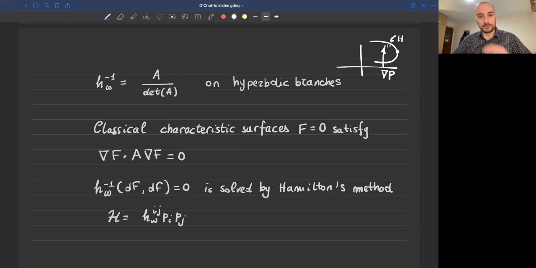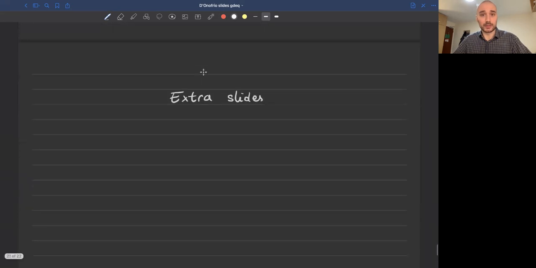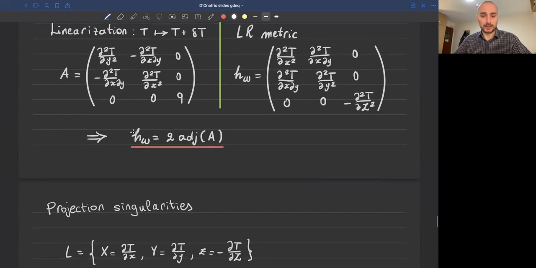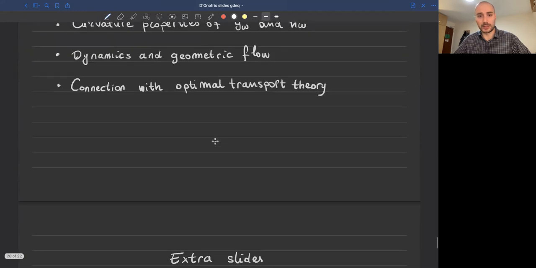Now we are able to use this very relation here to express H omega in terms of A and the determinant of A. We can do that because A is non-singular on hyperbolic branches, right? So we can write H omega this way.